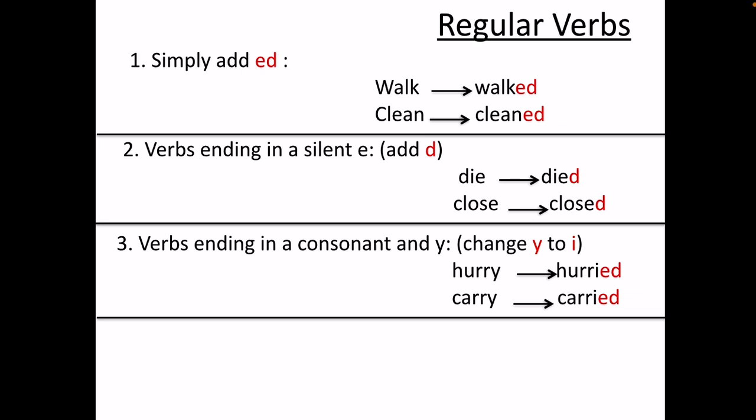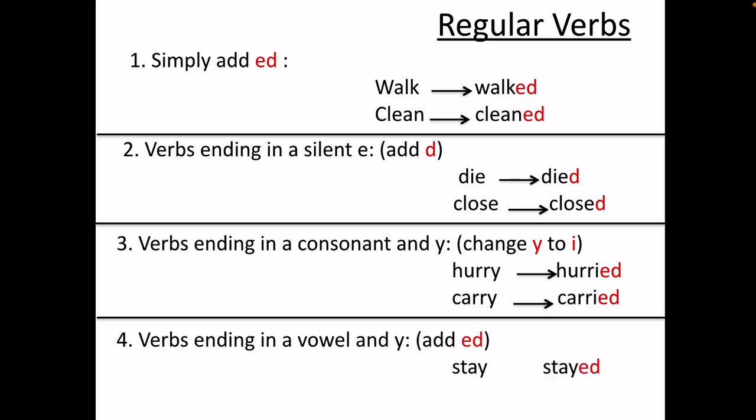Now, sometimes we have a verb ending with a vowel and Y. بعض الأحيان ينتهي الفعل بvowel and then Y. In this case, we just add ed. في هذه الحالة فقط نقوم بإضافة ed. For example, stay, stayed. Play, played.